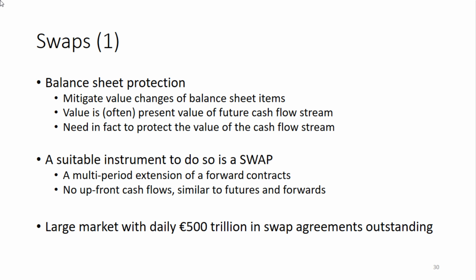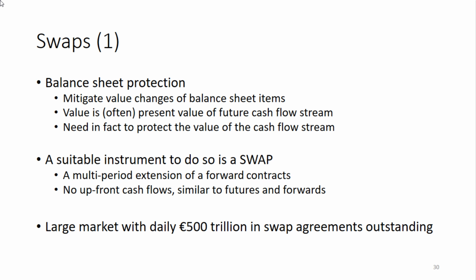And same as with futures and forward contracts, these swaps are determined in such a way that there are no upfront values, there is no cash flow required upfront to enter into a swap contract. It's simply a fair contract. So think of a swap as a multi-period extension of a futures or a forward contract.